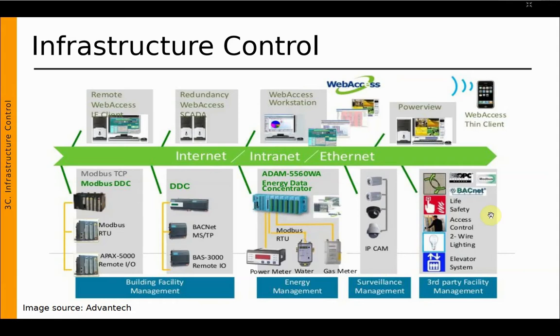Sometimes there is third-party facility management, something like elevator, two-way lighting, access control, and fire alarm system. In this one, we can integrate into the Ethernet network for integration to the upper level, like SCADA or building management software.